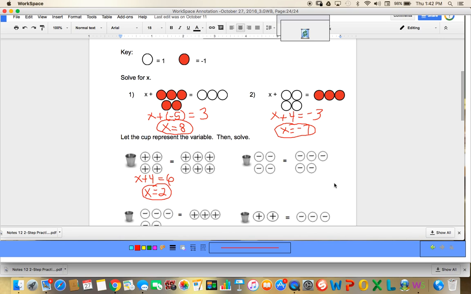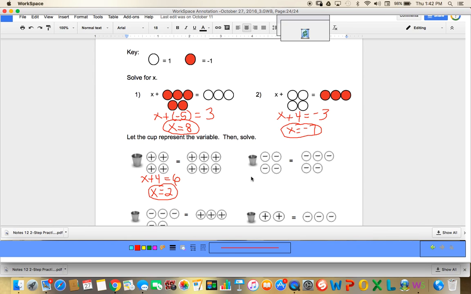Okay, looking at the example to the right. There's actually 2 ways to write this. We have a cup and 4 negatives, so we can write x plus -4 equals -5. But when we were learning about integers, we learned that adding a negative is the same as subtracting a positive.